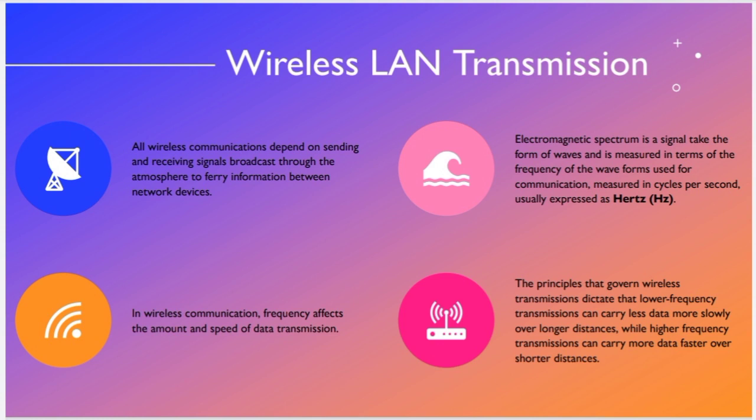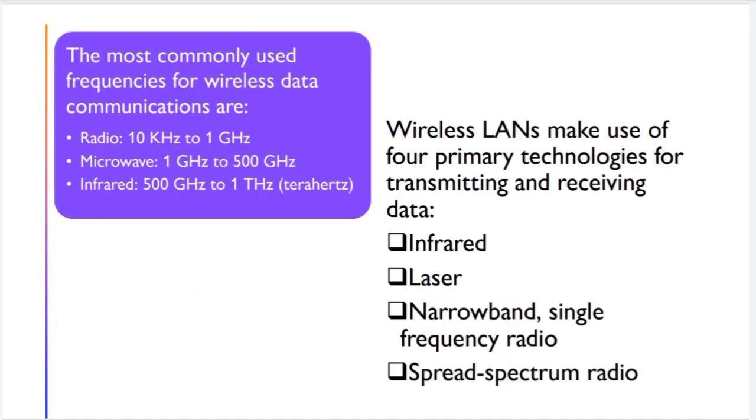The principles that govern wireless transmissions dictate that lower frequency transmission can carry less data more slowly over longer distances, while higher frequency transmissions can carry more data faster over short distances. The most commonly used frequencies for wireless data communications are radio, microwave, and infrared.